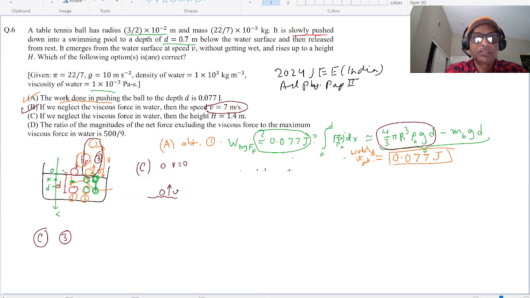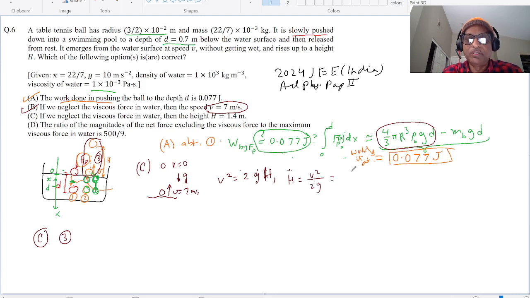Okay, so this is just one-dimensional motion, and acceleration is pointed that way, and this is like V square equals to 2GH. There's no viscosity or anything here. You can ignore everything here. It's just one-dimensional motion. So H, big H, equals V square over 2G, and V is given as 7 meter per second.